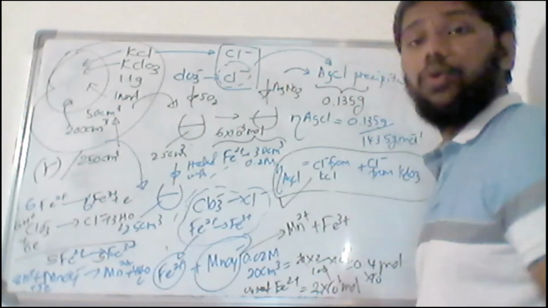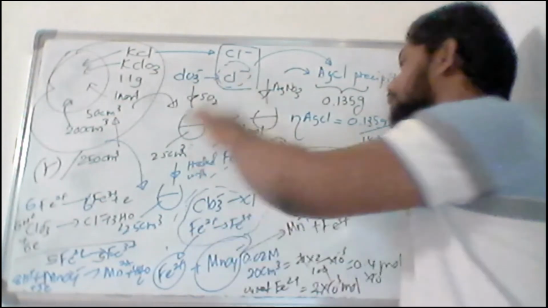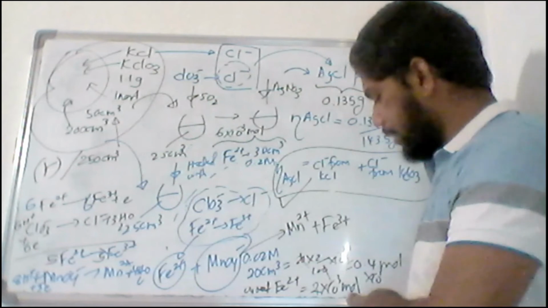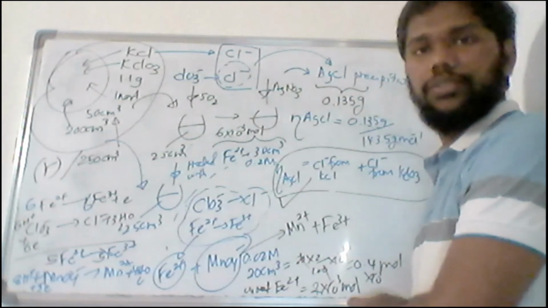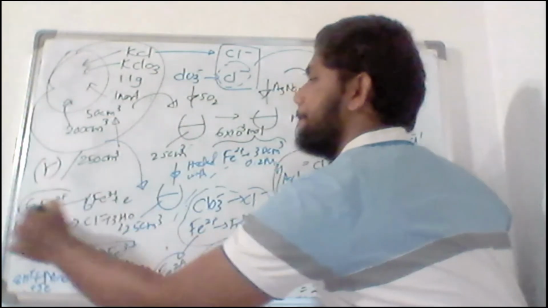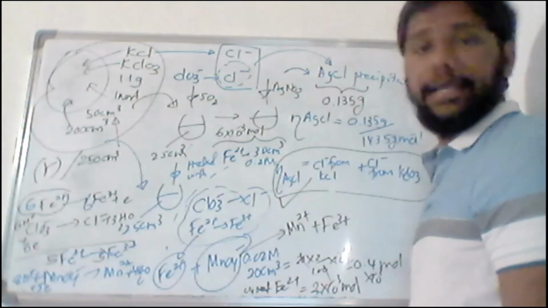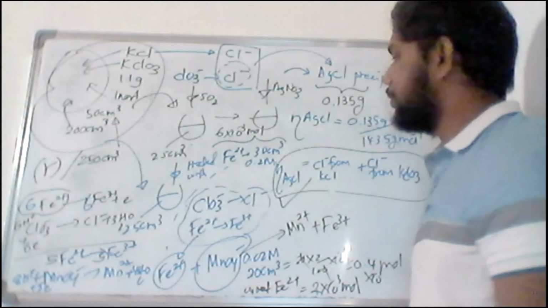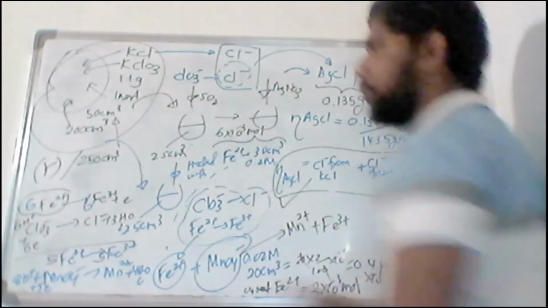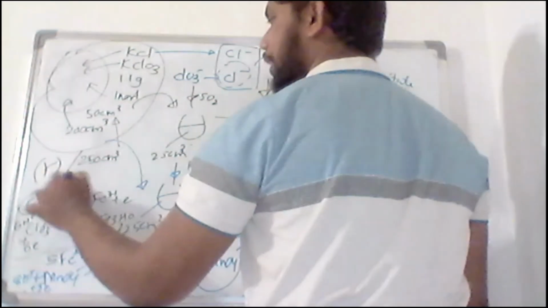So now you know the initial amount of Fe2 plus and the unreacted amount of Fe2 plus. So you can find the amount of Fe2 plus which is the reacted amount with ClO3 minus. So this will be 6 minus 2, which is 4 into 10 to the power minus 3 moles.